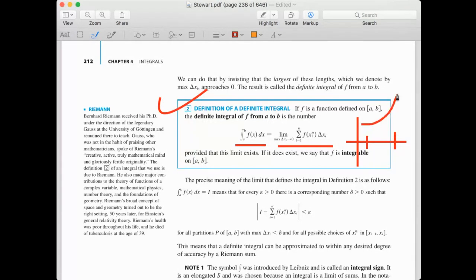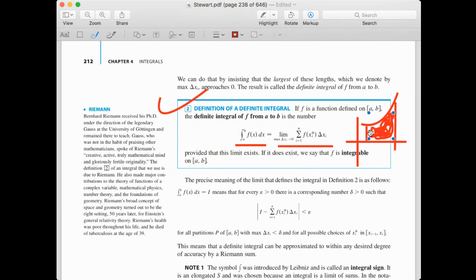We're treating f as a function, and we want to find the area of this shaded region. The lower part is a, this part is b.